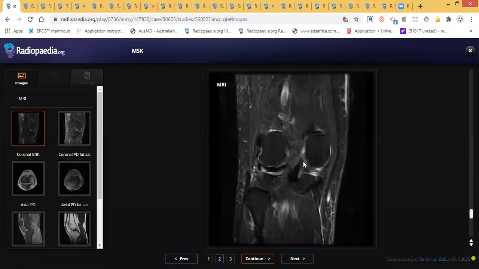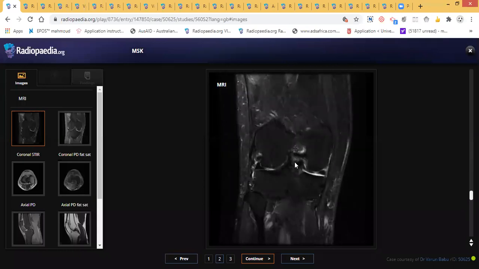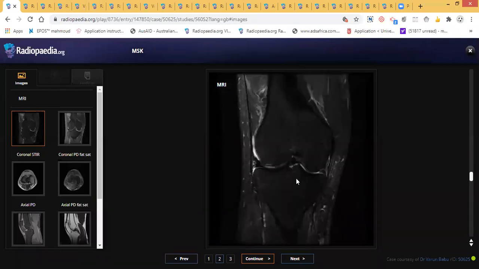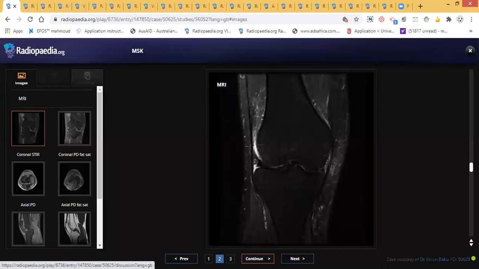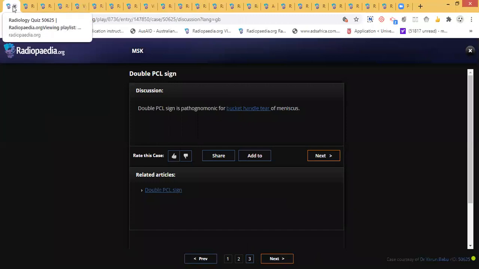Here you can see the meniscus is torn, and the fragment is going into the intercondylar notch. This is what is called the bucket handle tear. I think you will find one similar to this in the simulation of the exam.